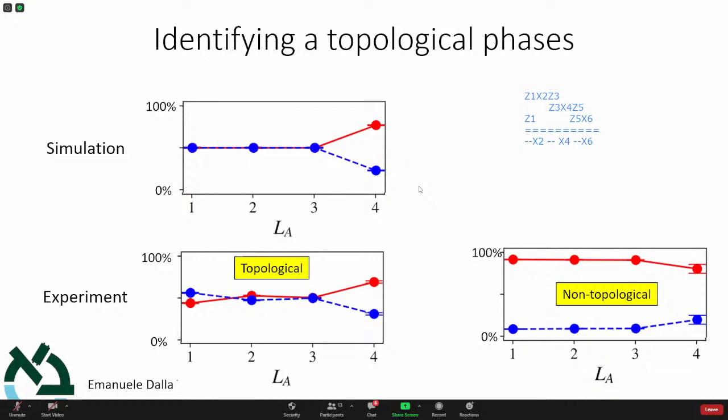Here, these types of phases do require a symmetry, and when the symmetry is broken, the topology goes away. And this is really what happens here: the measurement does not respect the symmetry.